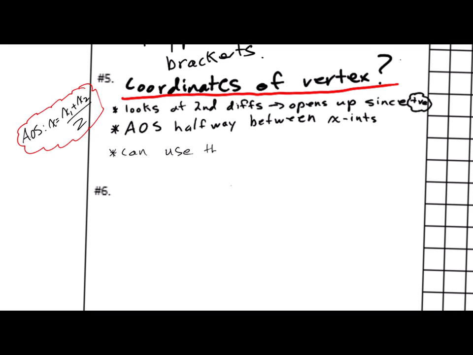Then we can use that axis of symmetry to find our y value in our original equation, to find either the maximum or minimum, otherwise known as the y value of our parabola. Just understand you can use the axis of symmetry to find the y value of the vertex just by substituting it directly back into the equation.